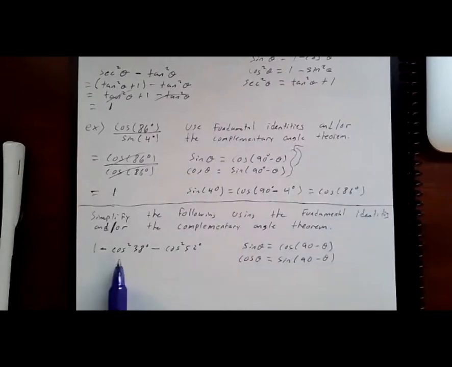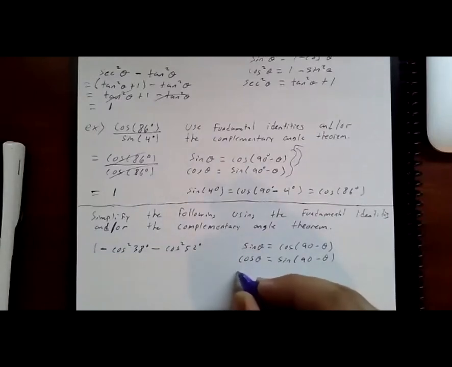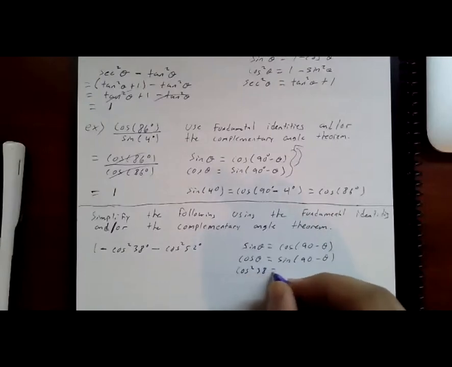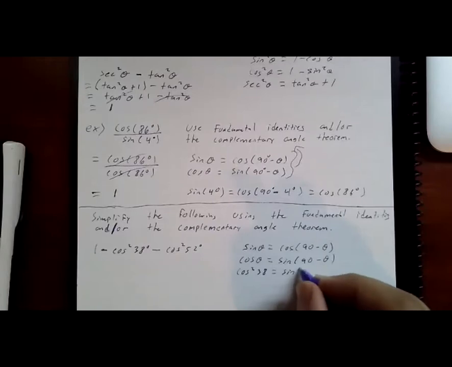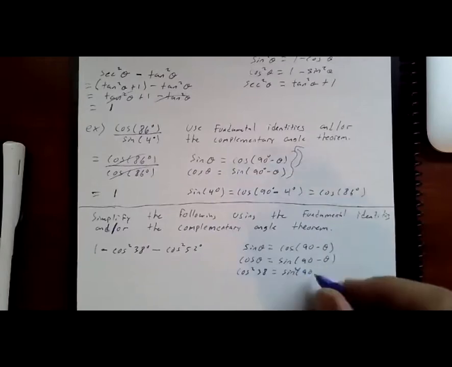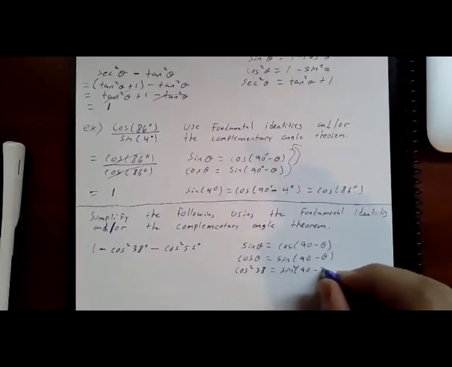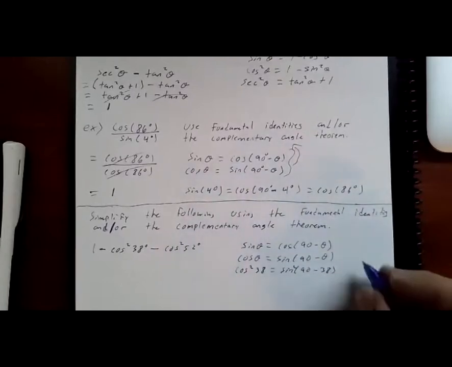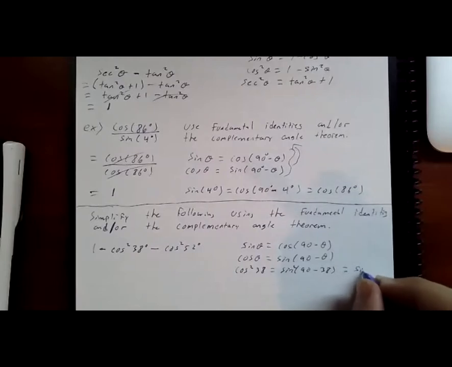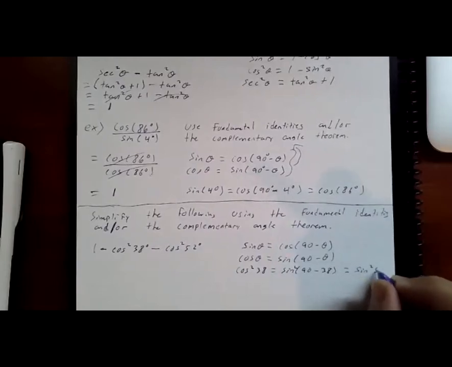So I'm going to change this guy into a sine, see if that helps. So cosine squared of 38 is equal to sine of 90 minus 38, both squared when I convert this, which gives me sine squared 52 degrees.